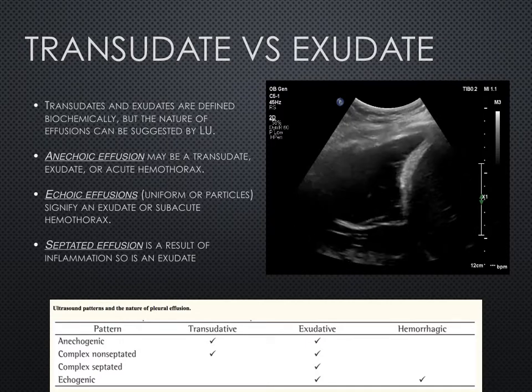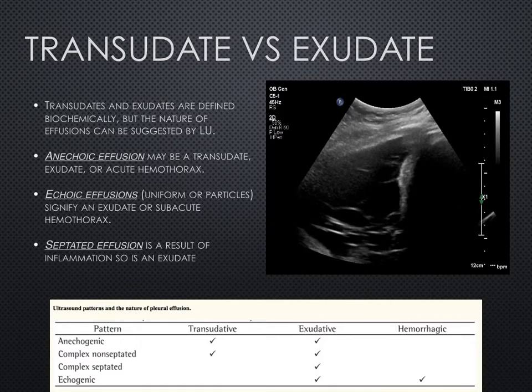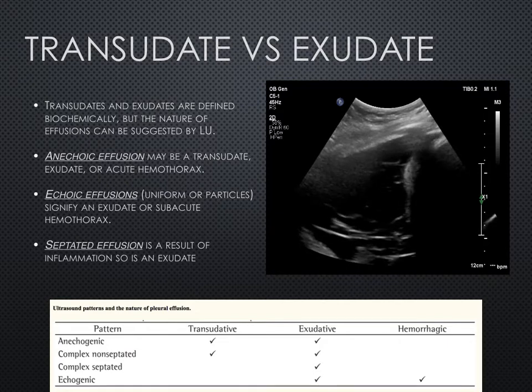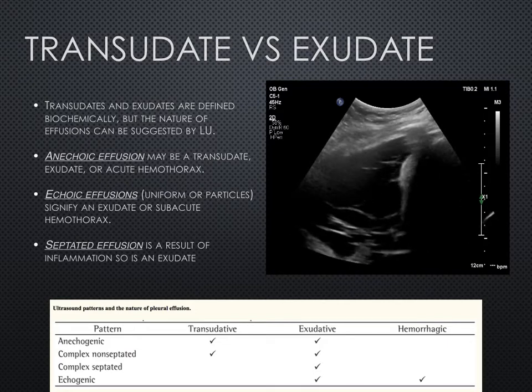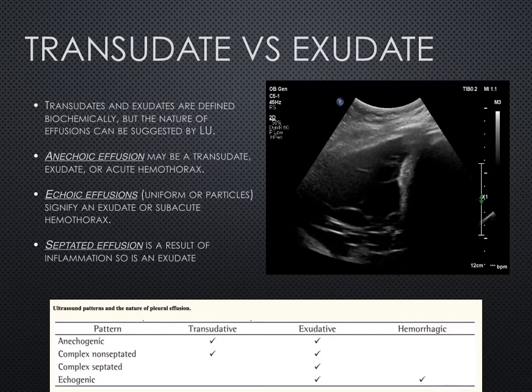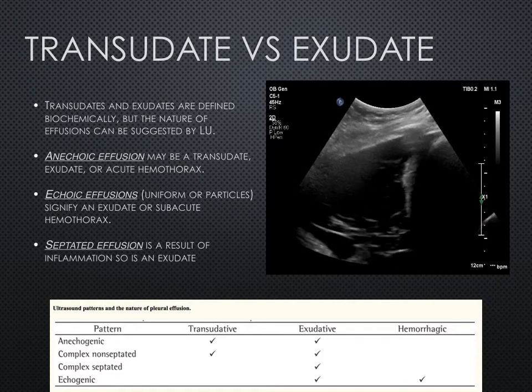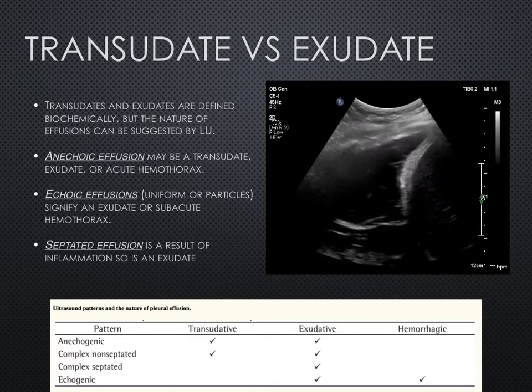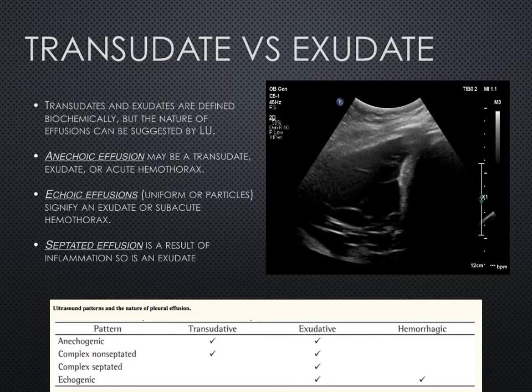So we're able to identify a lot more readily whether that fluid is a transudate type of fluid or an exudate type of fluid, looking at the type of fluid that you're seeing within that pleural space. So you'll notice that on some of the previous imaging that I was showing you, that effusion appeared to be very dark and very black, indicating to us that it's more of a simple type of effusion.